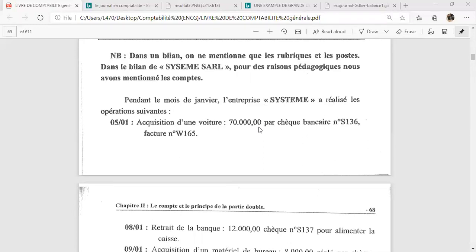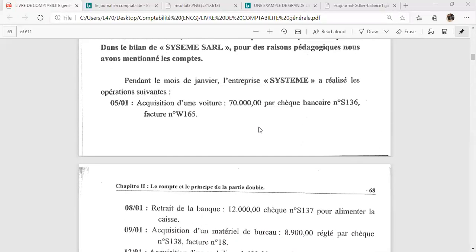So we're going to have to register it into our books of accounts, but I don't know if you'd like me to send you an example which I have done myself, or maybe just the explanations. You can send the example.